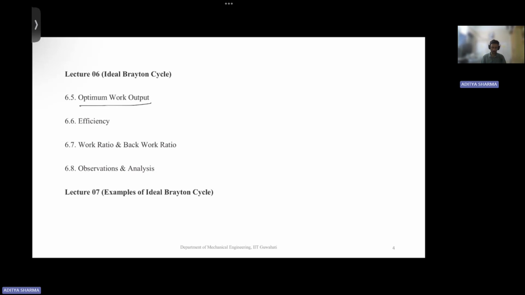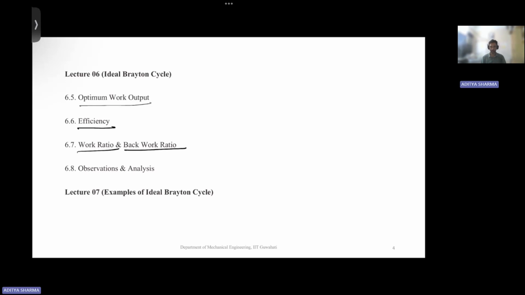Then what is optimum work output, the work output that we get from our turbine. Okay. For a compressor, we give work input, and from the turbine, we get work output. Then the efficiencies involved with the cycle, and then what is work ratio and what is back work ratio?